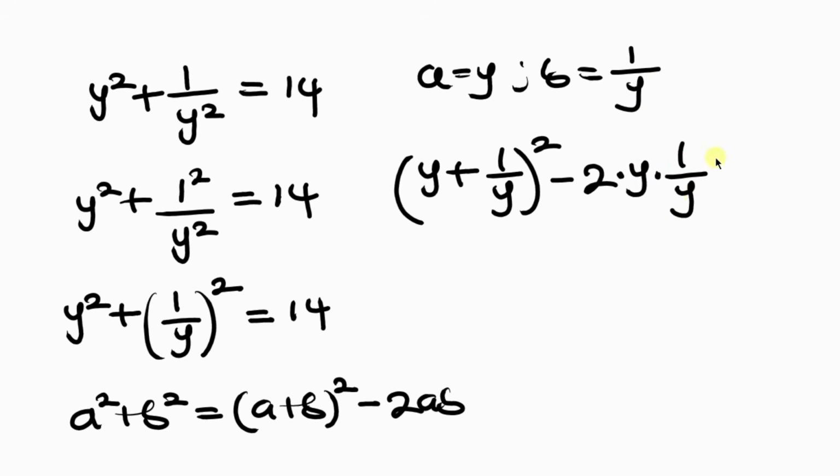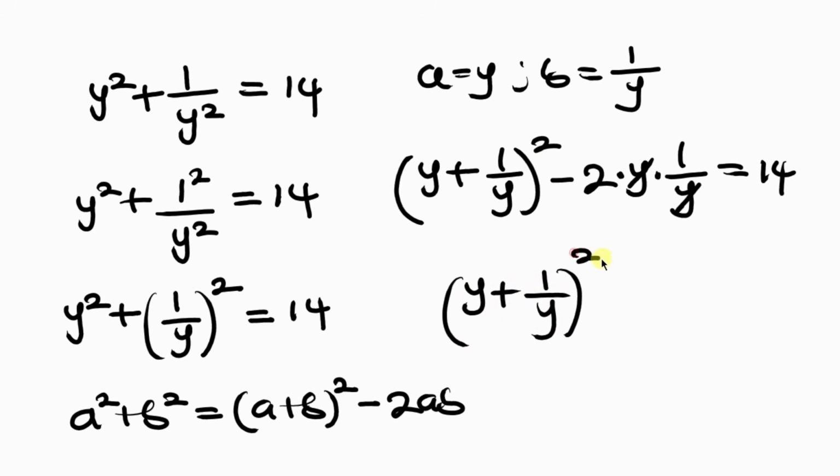Good, and this is equal to 14. Now notice that this y cancels out this y. So we're left with (y plus 1 all over y) all raised to the power of 2 minus 2 times 1, that will be 2. And this is equal to 14.